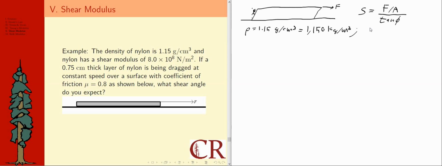We're also given the numerical value for the shear modulus of 8 times 10 to the 8 newtons per meter squared, so explicitly seeing some familiar units there.